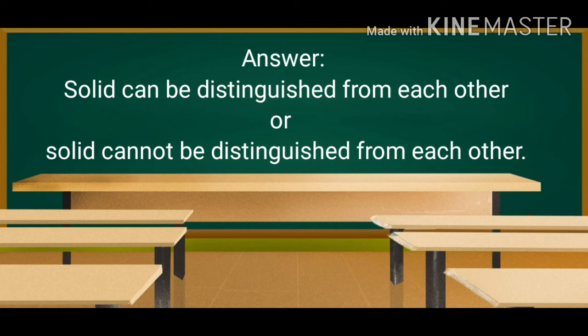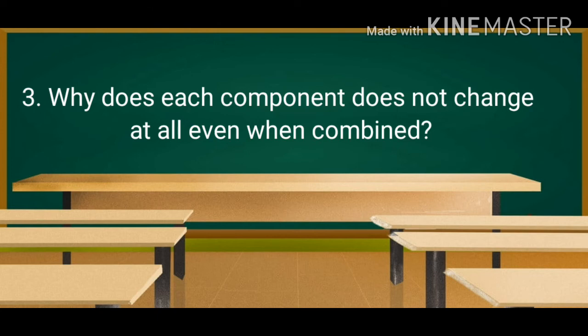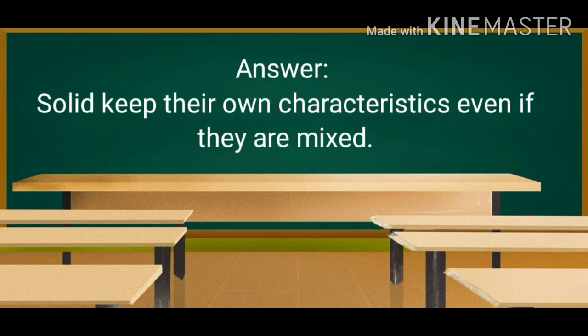Solids can be distinguished from each other, and solids cannot be distinguished from each other. Number 3. Why does each component not change at all even when combined? Correct! It is because solids keep their own characteristics even if they are mixed.